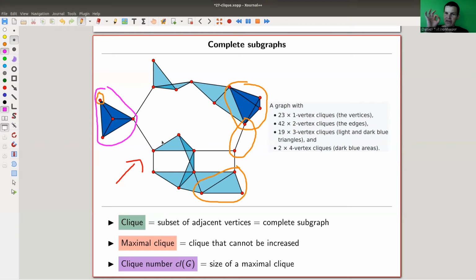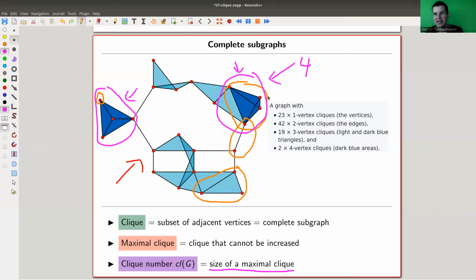Vertices are zero-dimensional, a pair of them has an edge, it's one-dimensional, a triple of them has an area, it's two-dimensional, a four tuple has a volume, it's three-dimensional, and so on. And we are asking to find the clique number, the size of a maximal clique. In this case, the clique number would be 4, because we have either this one here or this one here. Both of them contribute clique number 4.